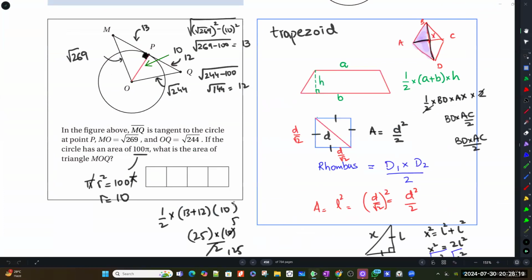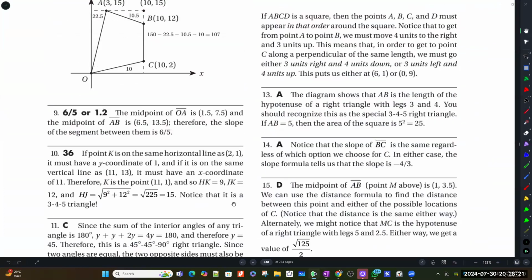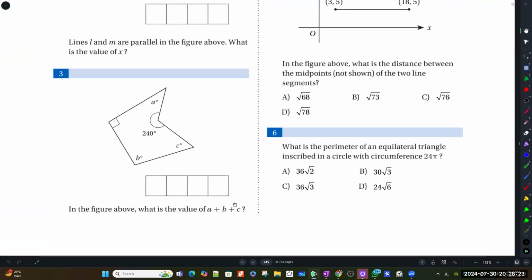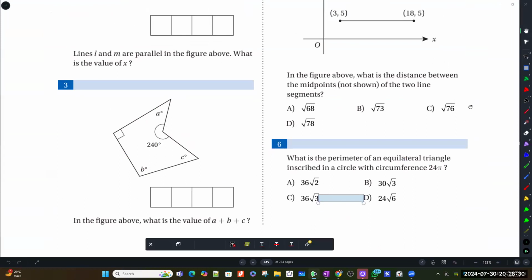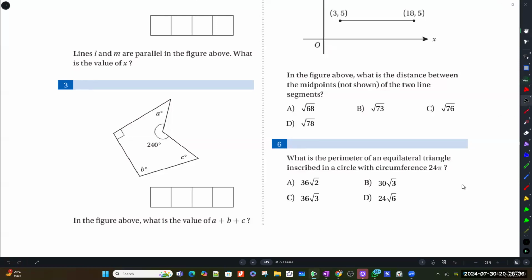Okay, so getting back to some practice. The practice will be from various topics. Question number 3. Please do it.